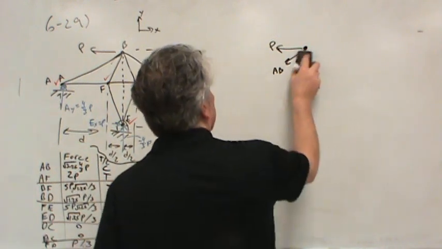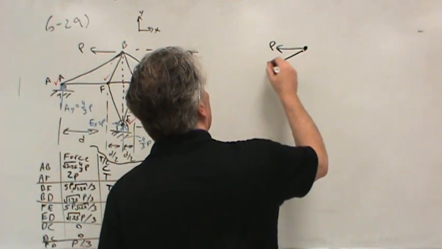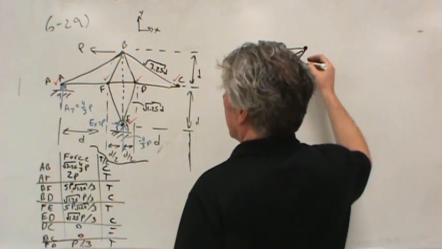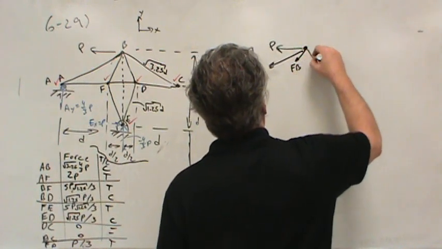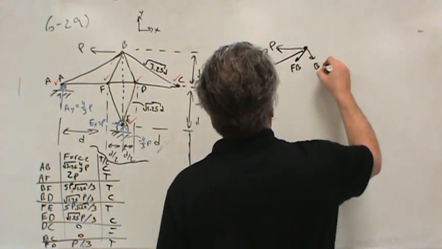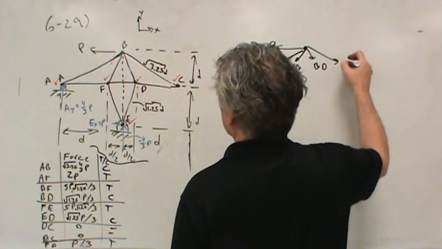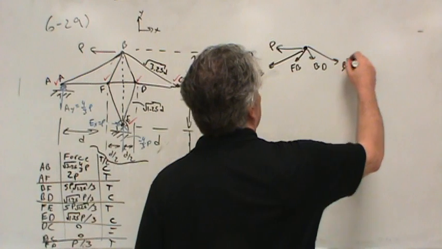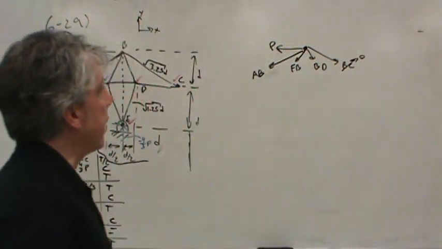No, I don't like that. Let me try again. FB, BD, and over here BC. Now we know that BC is 0, so let's just pull that, so that way I don't have to add it into the equations.